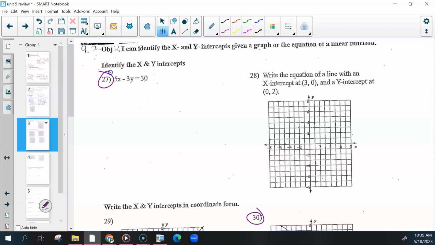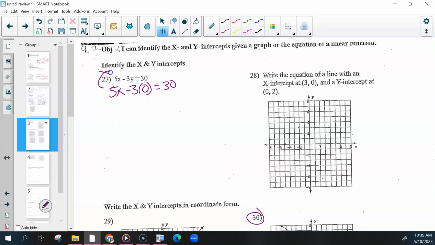Okay. So for 27, you're trying to find the x and y intercepts. So you're going to put 0 in for whatever you're not solving for. So if I'm solving for x, I'm going to put 0 in for y. And then I'm going to solve for x.